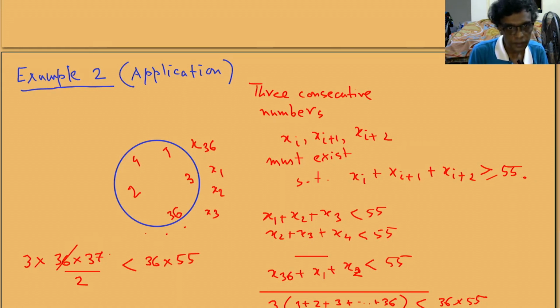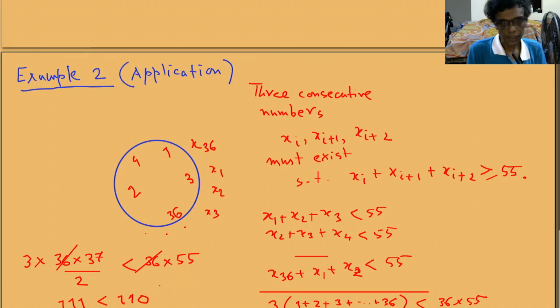So cancel 36 here and 36 here, positive thing you can cancel, and multiply by 2. 3 by 37, 3 times 37 will be 111, less than 110. This is absurd, right? So this is a contradiction which proves that I can always find 3 consecutive integers here whose sum is greater than or equal to 55. Okay, but this is not an inductive proof. It is just a proof by contradiction using the earlier result.